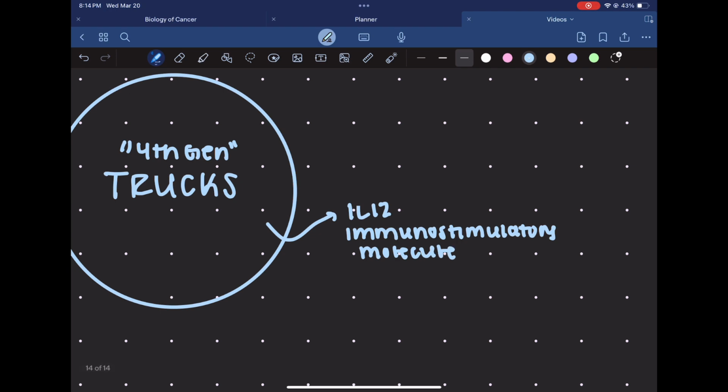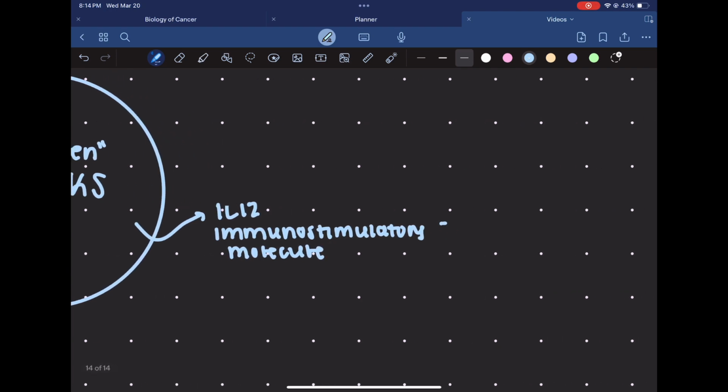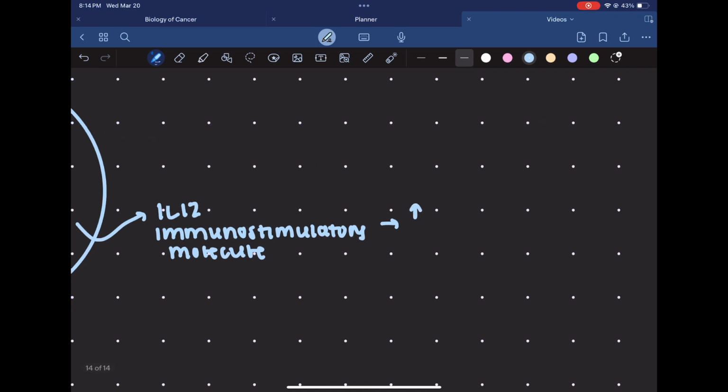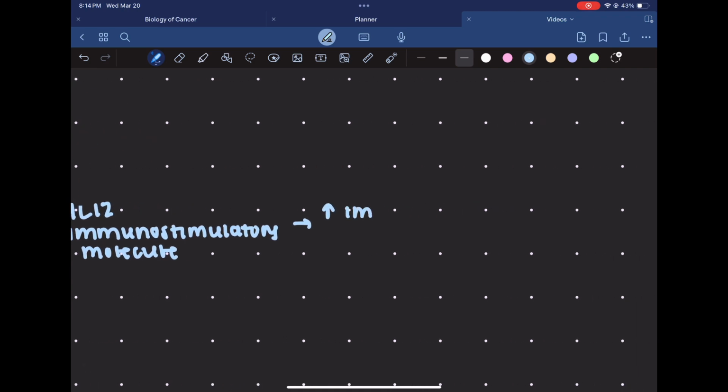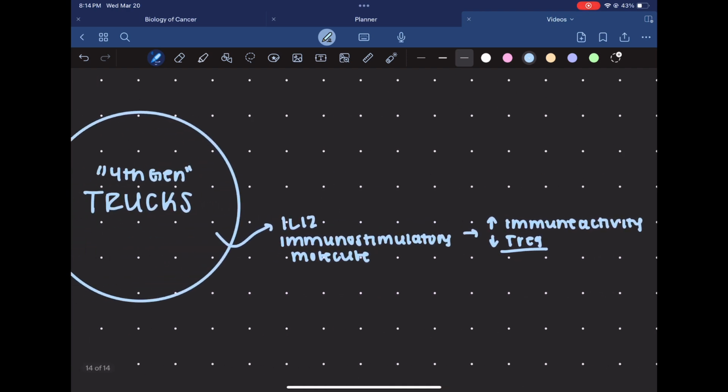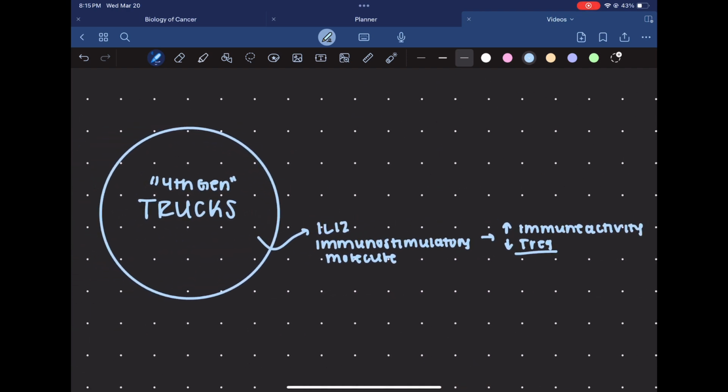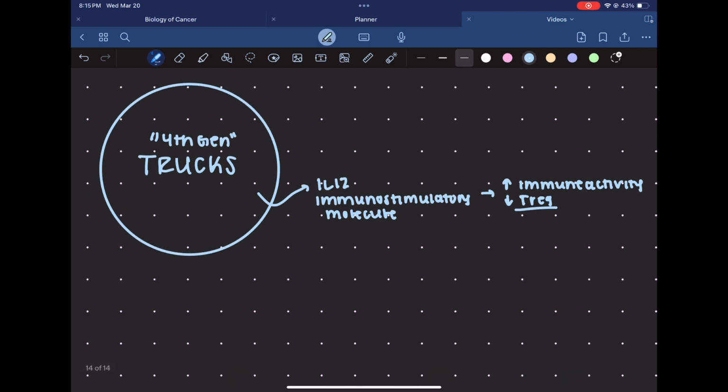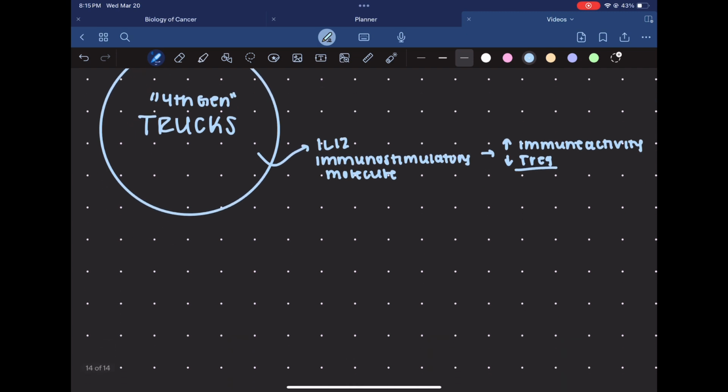And that's going to lead to increased immune activity and kind of decreased Treg activity. Which again, our Tregs are kind of those regulatory, somewhat inhibitory cells in our immune system. So that's our modification for TRUCK for our fourth generation, is just adding that.